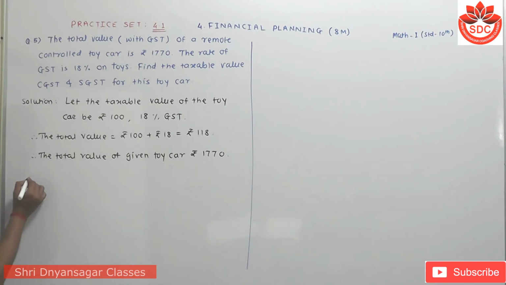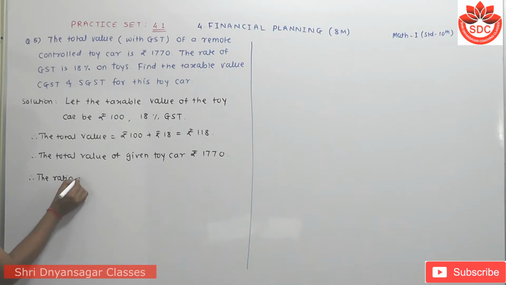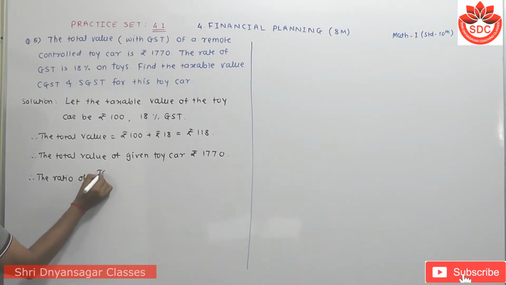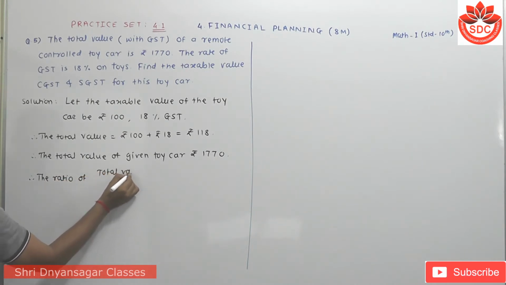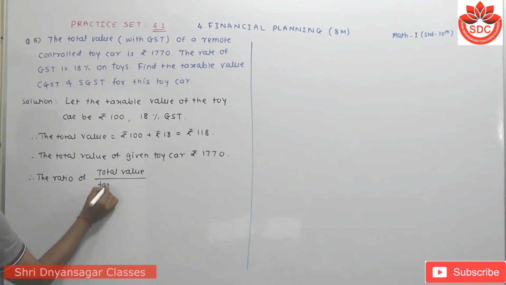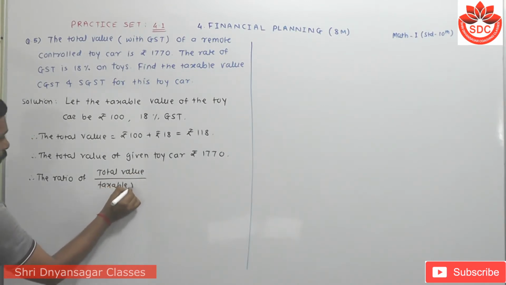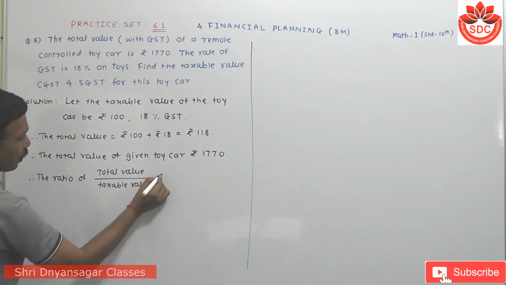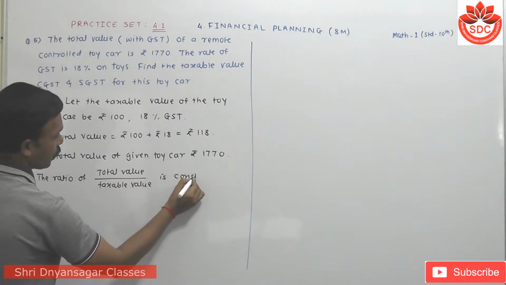Now, I write here: therefore, the ratio of total value to taxable value is constant.